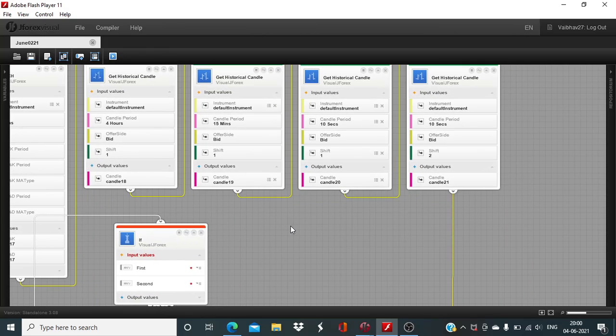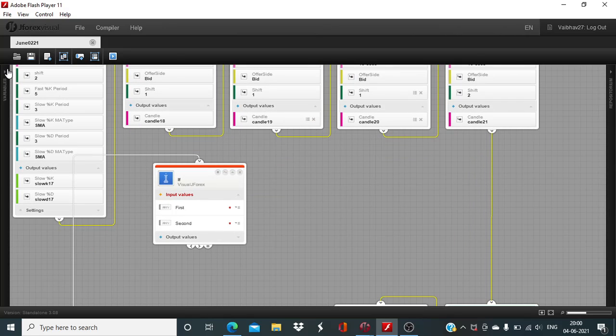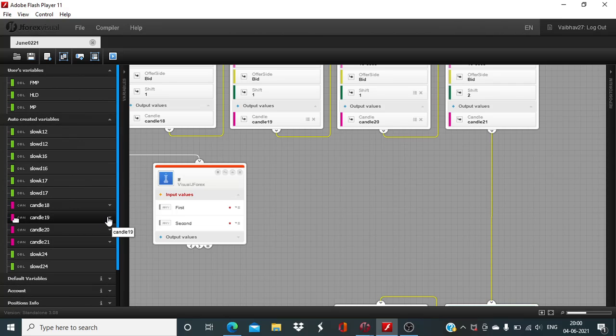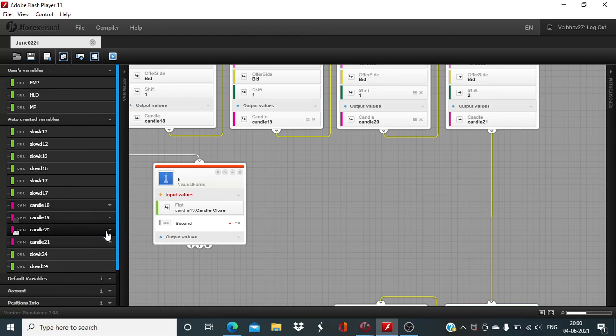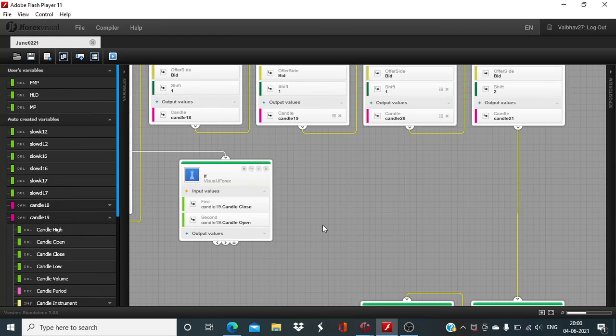And we will need the last 15-minute candle to have closed lower. So candle 19's close should have been below its opening value. Candle 19 close needs to be below candle 19 open.